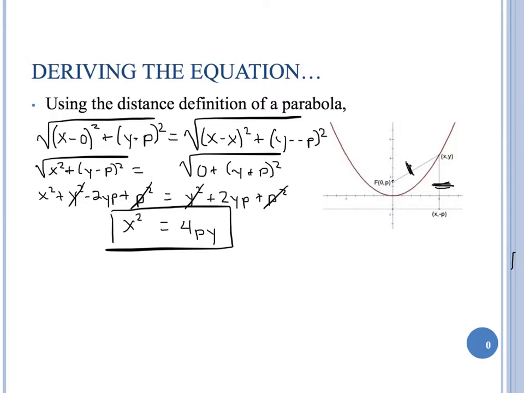And the 4p is also going to help us figure out where our focus and our directrix are located. It's an x squared. We know that's what a parabola looks like. And so this is how we come up with our shape of a parabola. It's centered at the origin, and we have a y equals. Would you look at that?